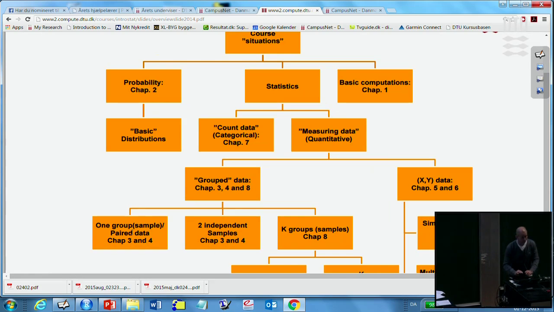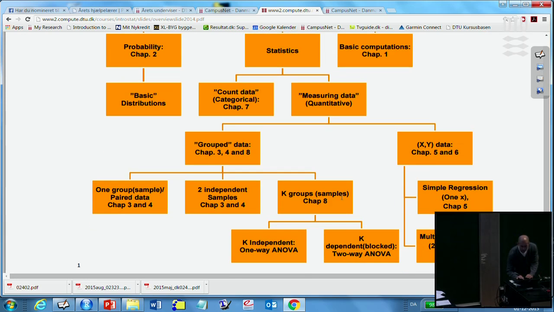One group, 2 groups, K groups, and between the K group settings, we distinguish between the independent and the dependent, the blocked groups. So that's it. That's the decision tree for the tools that you have and the situations you can handle.